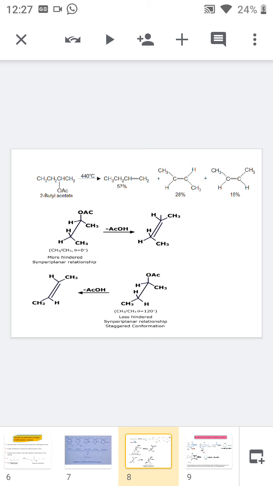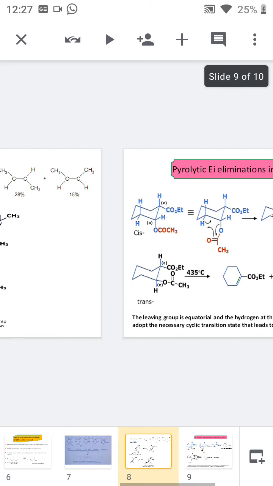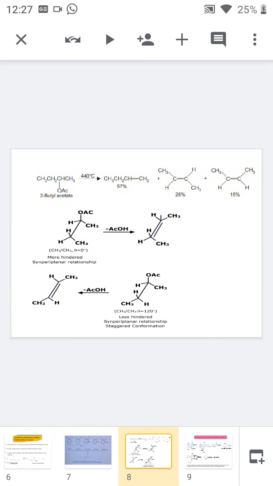And in the second case, we can arrange the methyl groups on opposite sides, and here also OAc and hydrogen are on the axial position, and we are doing the same syn elimination reaction, that means hydrogen and OAc are in the same direction, on the upward direction. So if we eliminate the hydrogen and OAc, we will get an E isomer, in which the methyl groups are on opposite sides.